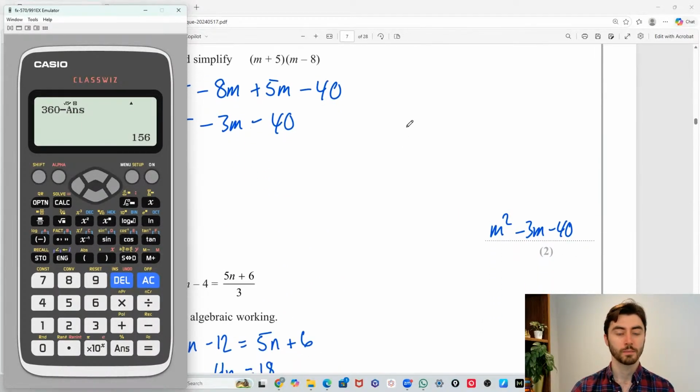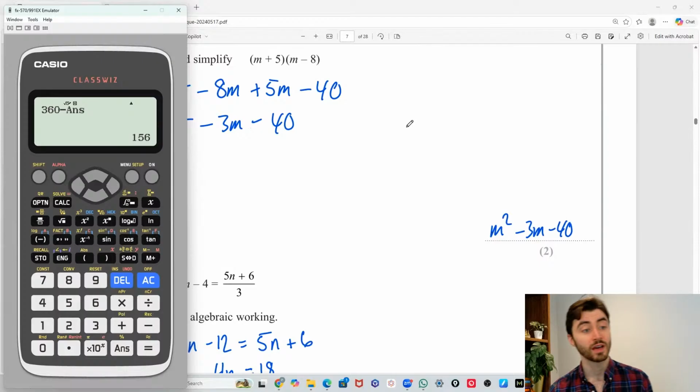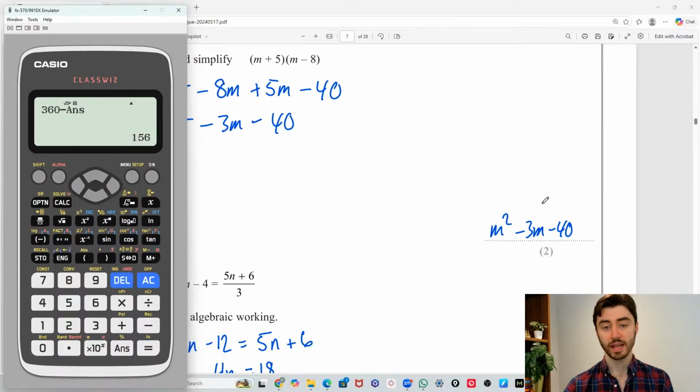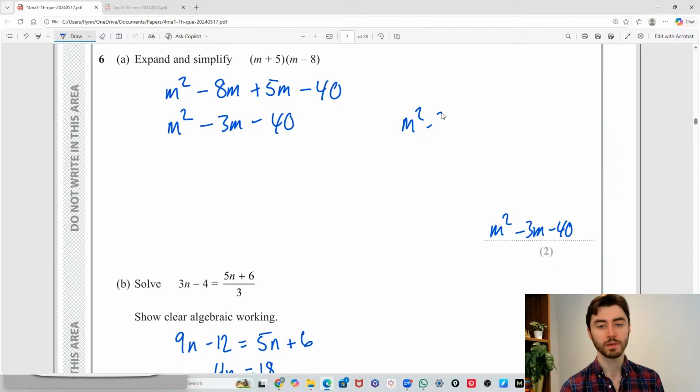Expand and simplify. What you can do here, by the way, if you have any algebra, is you can subtract it across and equal 0, right? So in this case, we can say we would expect, if I put anything into m squared minus 3m, and this is kind of for your benefit, minus 40, that would equal this thing.